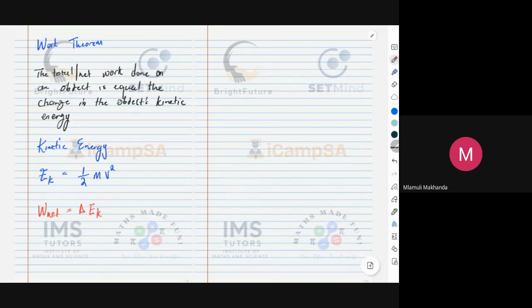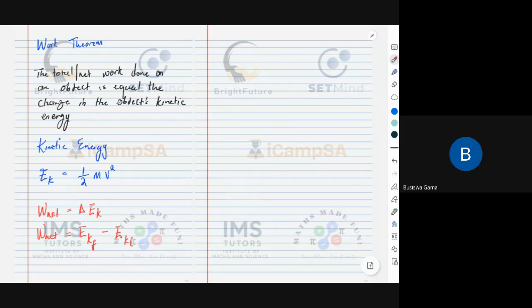Final kinetic energy minus initial kinetic energy is equal to the net work. That's what they are saying here. All right. Do you understand? Yes. Cool. Thank you.